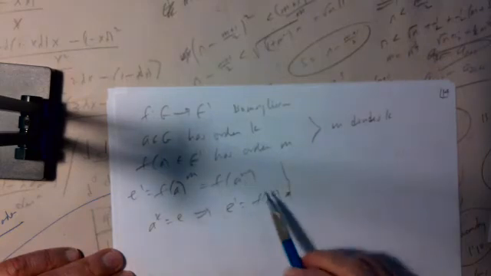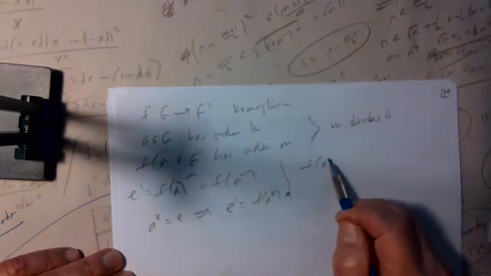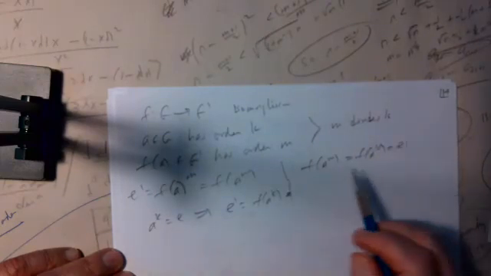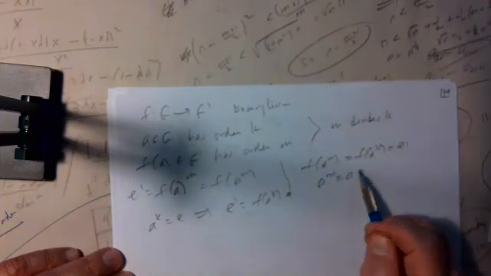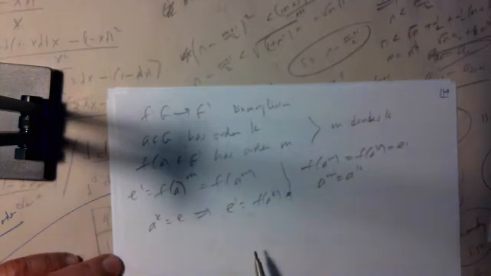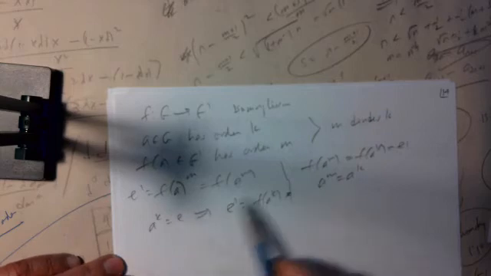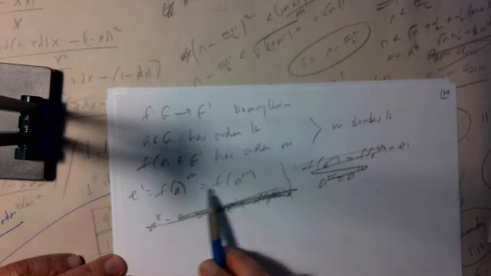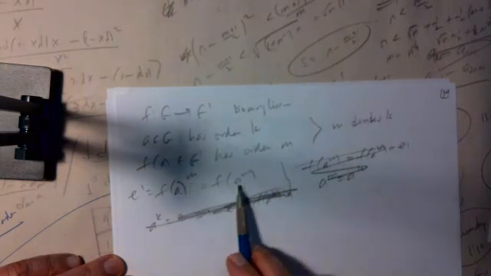So f of a to the m equals f of a to the k. So a to the m equals a to the k. Sorry, this is correct, but this is not what I want to say. Let me just repeat this. So we have e prime is f of a to the mth power, because f of a has order m.